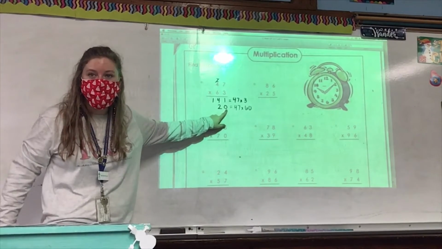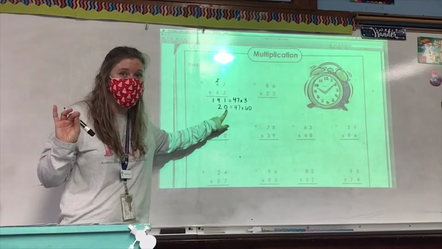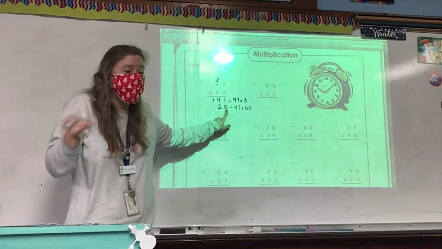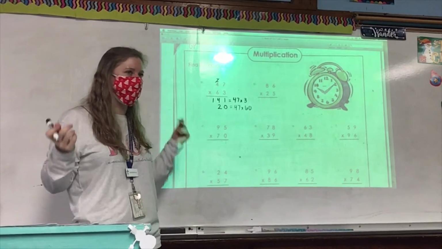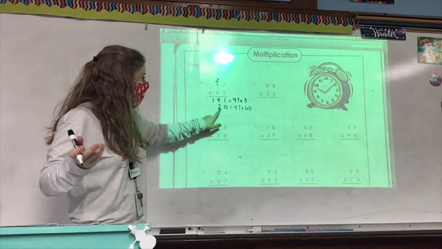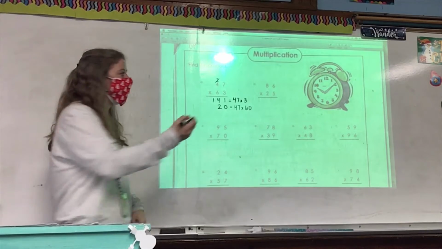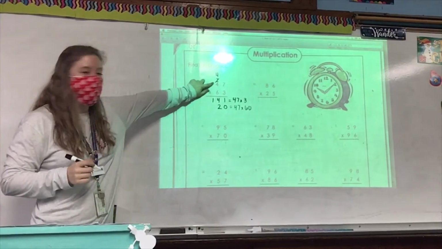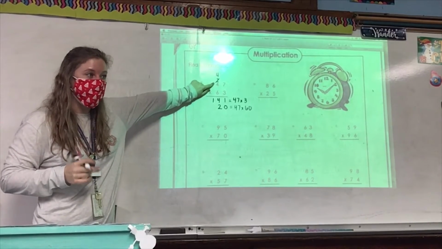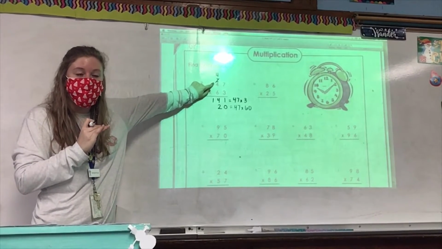I already have that 0, so that tells me you can't put it in the ones place like you think you should, because your 0's in the way. Would I ever think to erase that 0 to put the 2? No. So the 2 goes in the tens place, and then I regroup the 4. See why it's so important to cross out any regrouping after you multiply the ones.